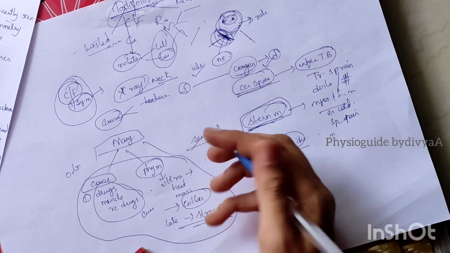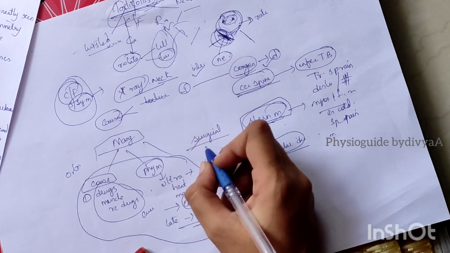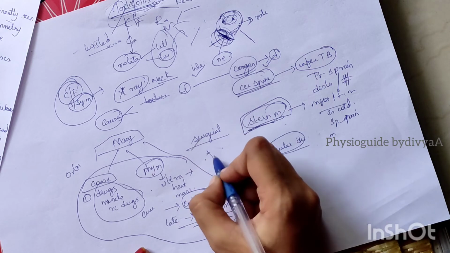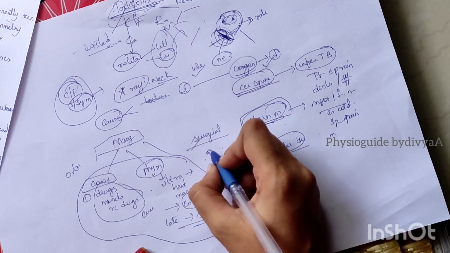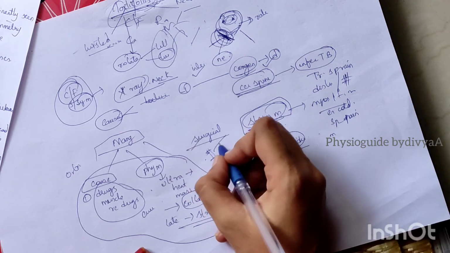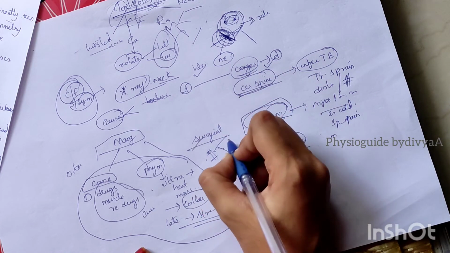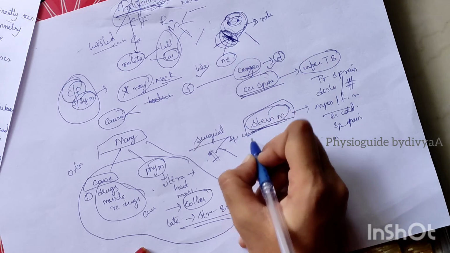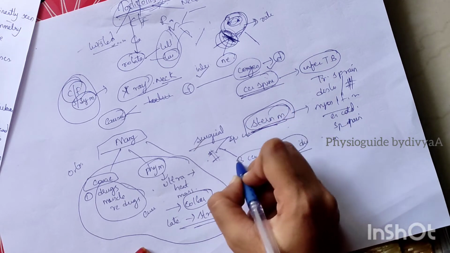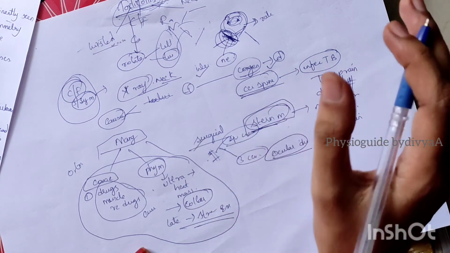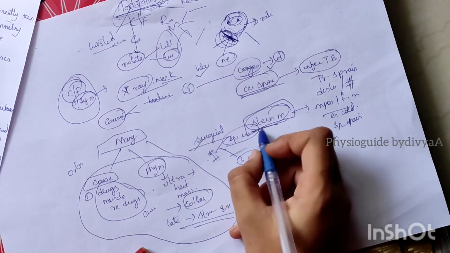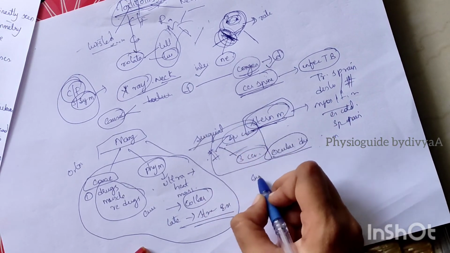Then intradural section of the spinal accessory nerve and three cervical roots are to be removed. So this is the surgical treatment.